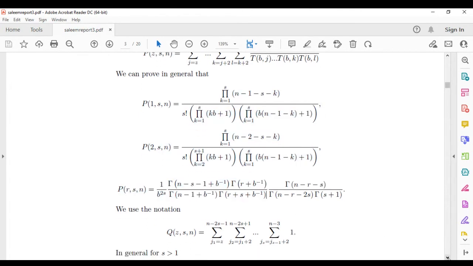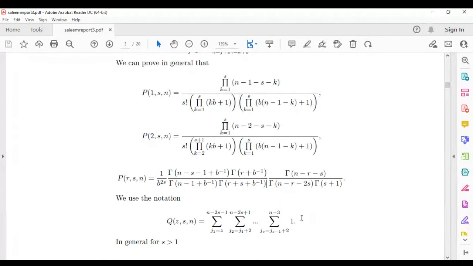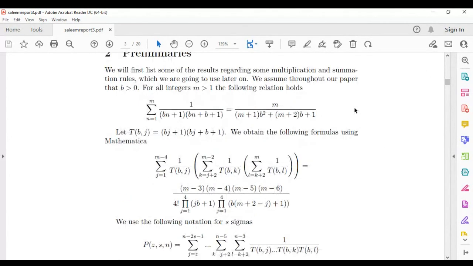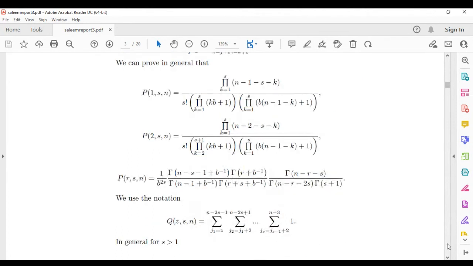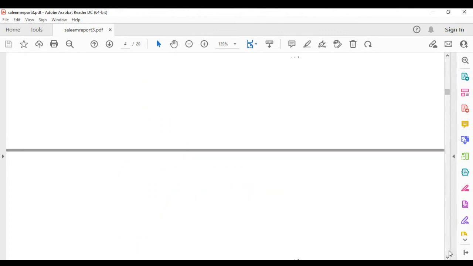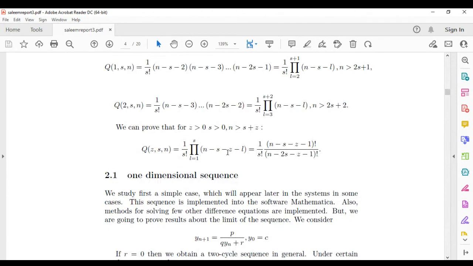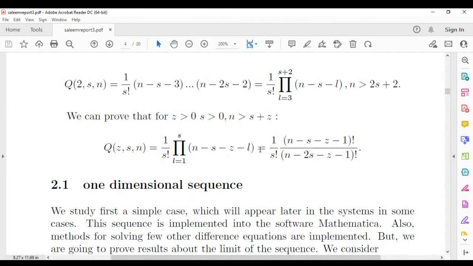We have a special case where we replace the denominator here with the number 1 in this fraction, and we call it the function QZSN. Of course, this function is easy to calculate. It will also be some product, and it will be calculated using factorials as indicated here.